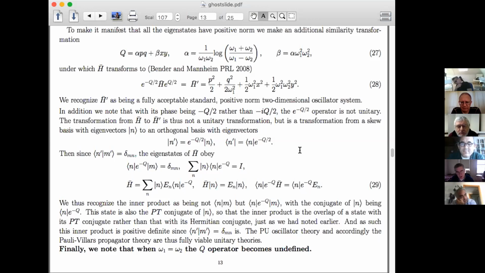So in fact, the Hamiltonian 28 represents actually 4 different theories, depending on which sheet of a fourfold Riemann surface you're on. I would say that it represents 4 different Hilbert spaces.